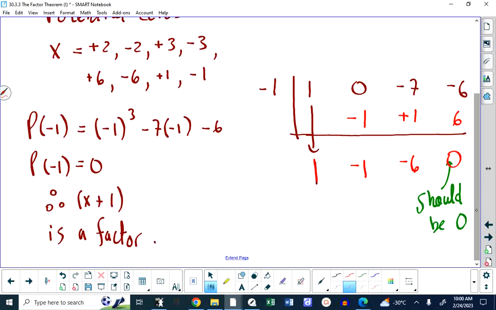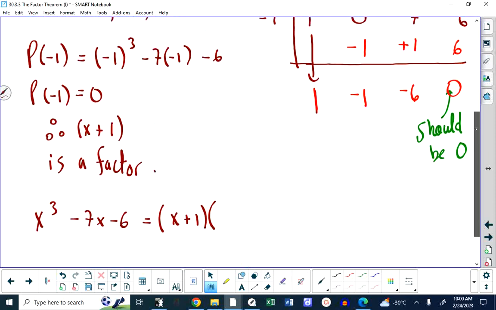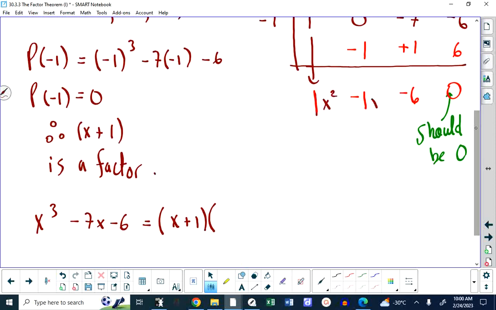Which means we're asked to factor this. And I'm presenting this as if it were a written response question. So from here, you would say that means x cubed minus 7x minus 6 is equal to the x plus 1 multiplied by x squared minus x minus 6.